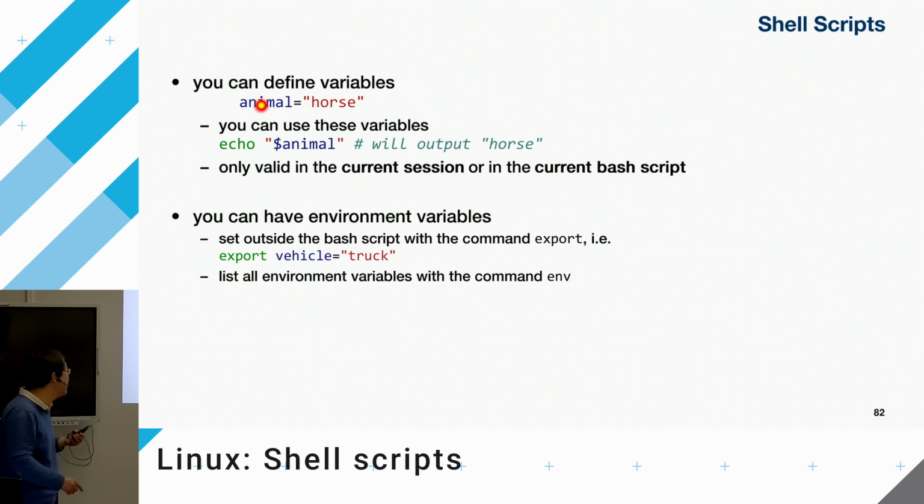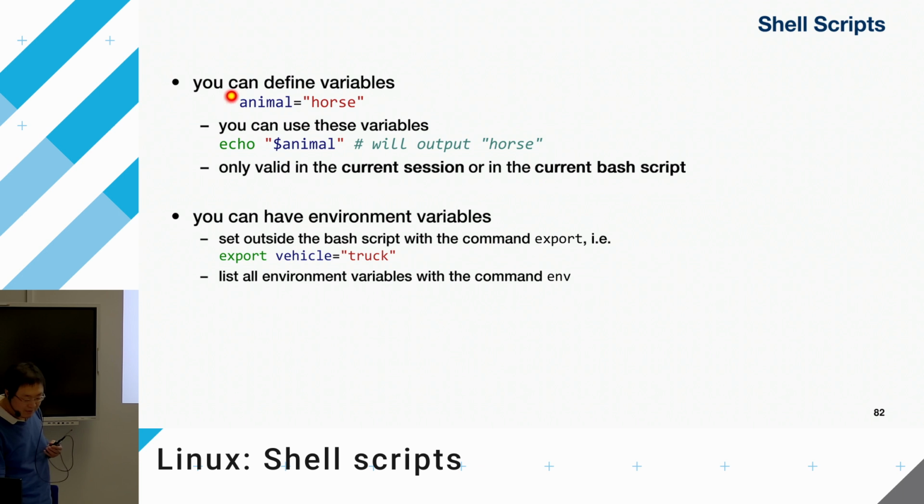Before we talk about more topics, how to define a variable. This is like many other programming languages. You just specify the variable, for example here animal, and then give a value to this variable. For example, here the value is horse.